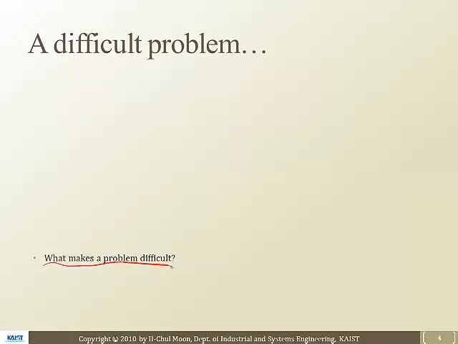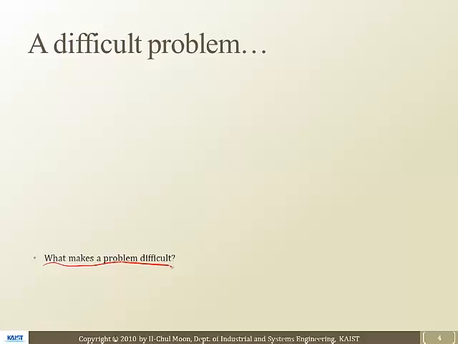The genetic algorithm has been utilized to solve some of the most difficult problems that we have uncovered so far. Before we introduce the handling method for these difficult problems, we first have to talk about the nature of a difficult problem.